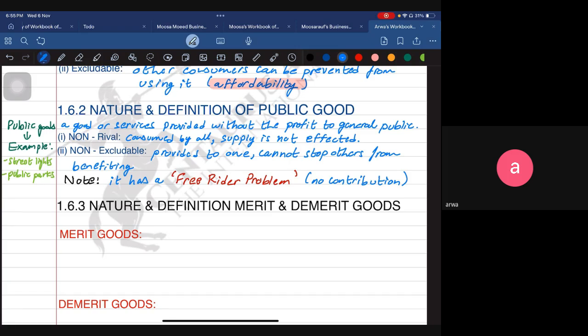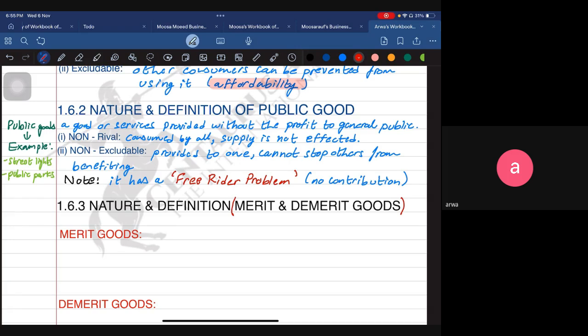Yes, sir. So moving forward to the nature and definition of the merit and demerit goods. First of all, the merit goods. We have talked a lot about it earlier, I guess.